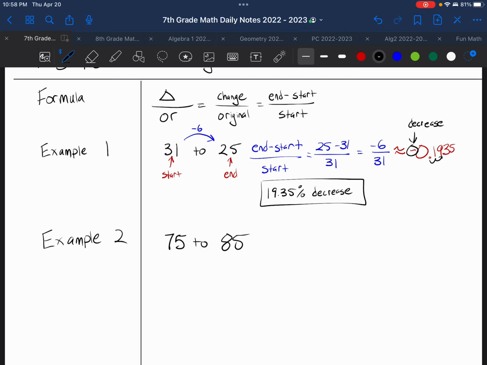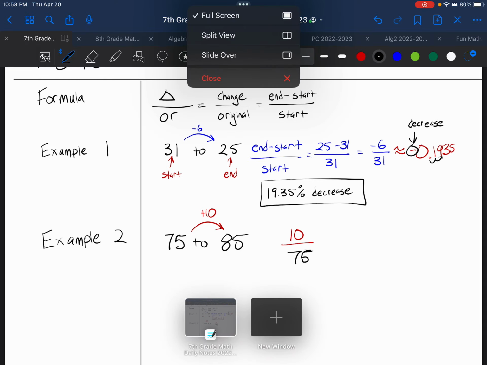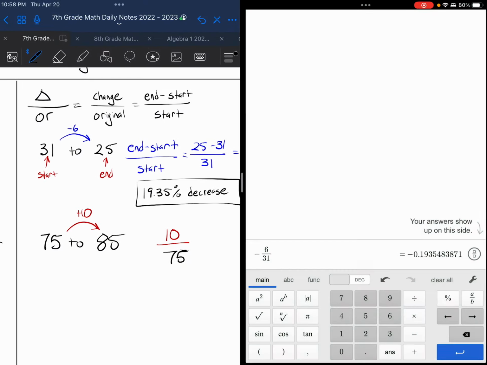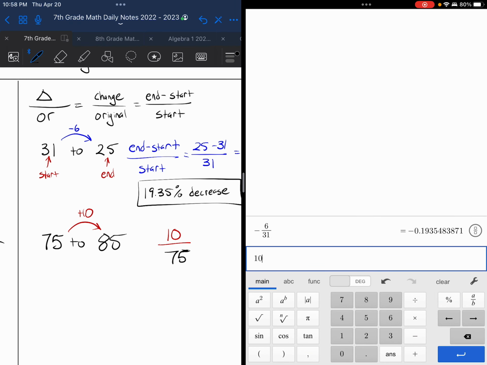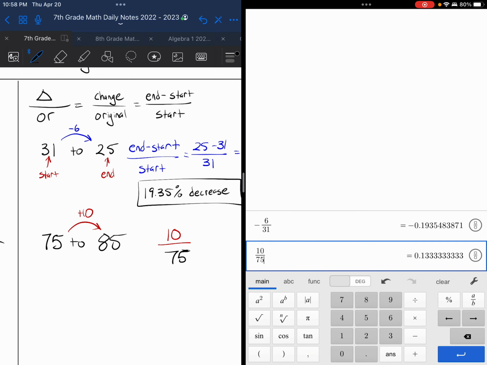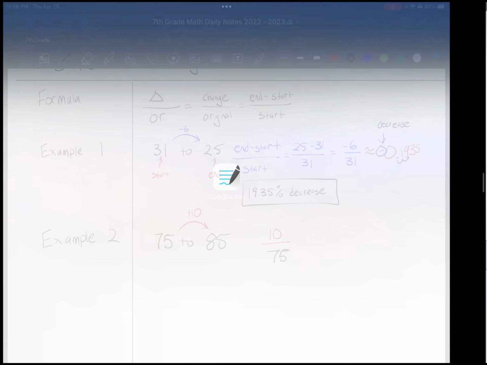So again, how much do we change? From 75 to 85, we had to add 10. So my fraction is going to be 10 over the original amount, which is 75. I plug that into the calculator. Let's go to split view, 10 divided by 75. I get 0.1333 repeating.